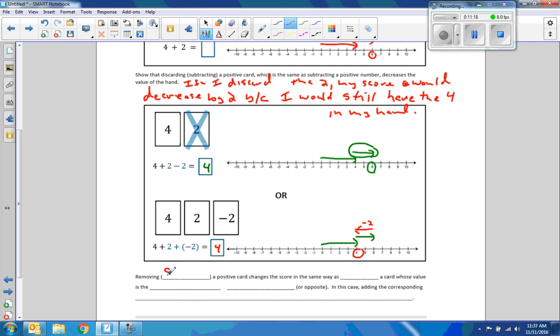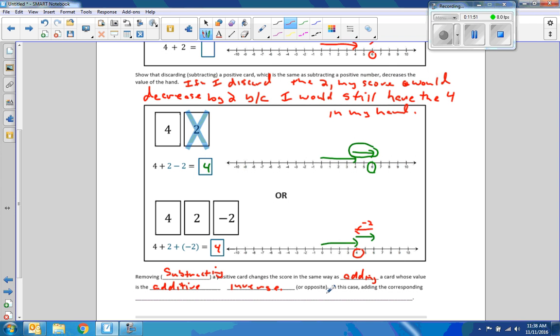So removing or subtracting a positive card changes the score in the same way as adding a card whose value is the additive inverse. Okay, there's that term from lesson 2 and 3. That's the opposite.